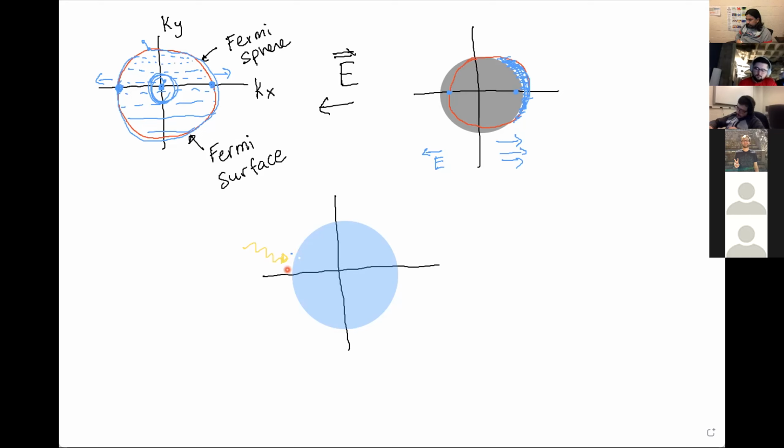Can I ask regarding the electric field example? Yeah. So would the sphere just slide over exactly one position to move the electrons that are on the surface, or more than one position? It depends on the magnitude of the electric field. So it would displace itself by how much the electric field you're applying is.